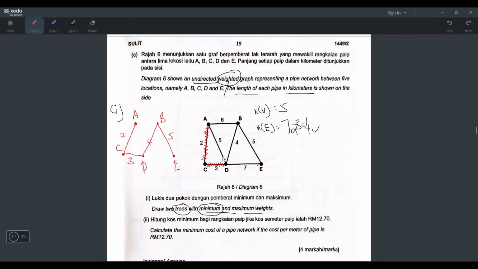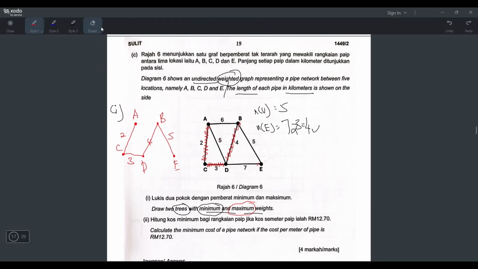That means I have to maybe erase the 4, but, mm, for the 3, okay, I want maximum, right? Maximum means I erase the smallest.